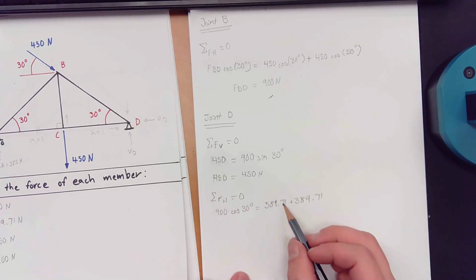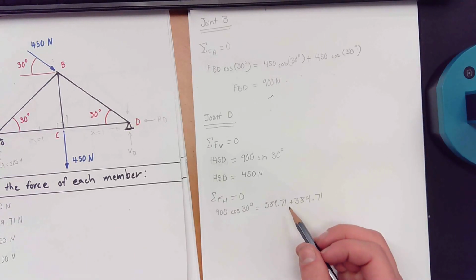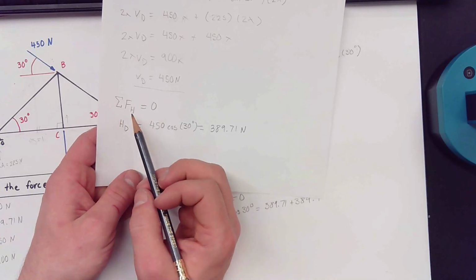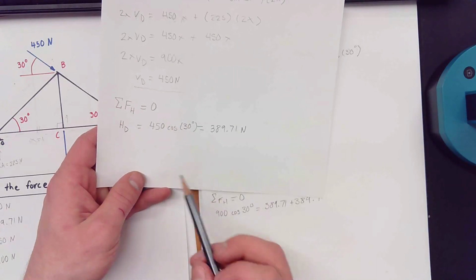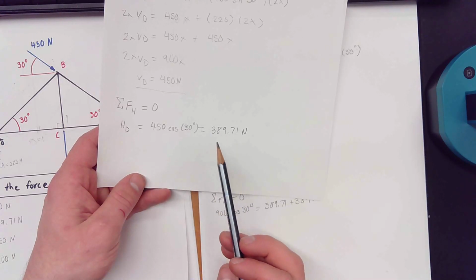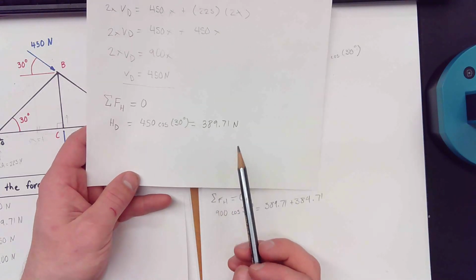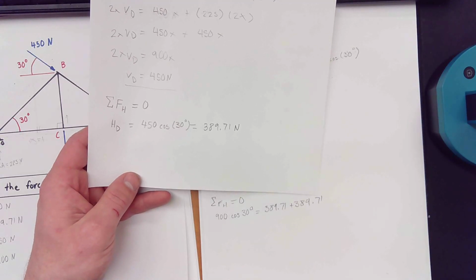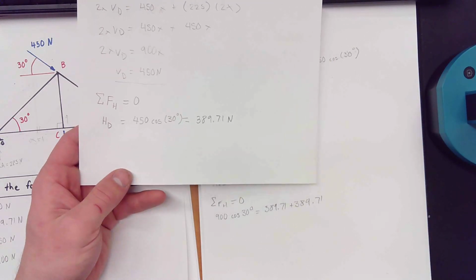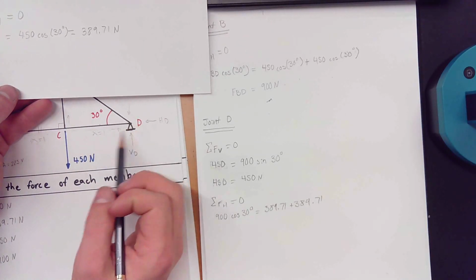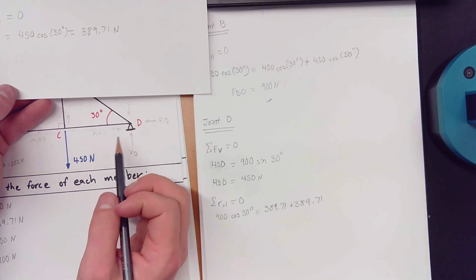So why did we get these numbers? Well, if we go back to looking at our forces in the horizontal direction, the sum of the forces horizontally equals 0, we summated that each member in the horizontal direction has 389.71 newtons. Or the forces opposing in the horizontal direction had 389.71.